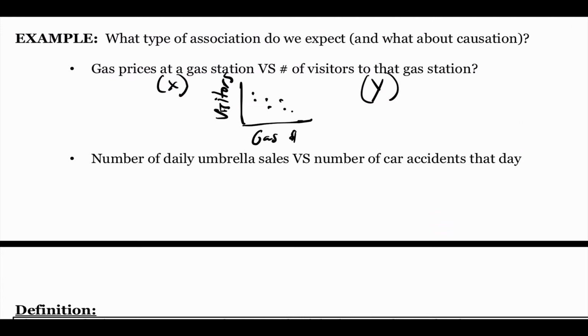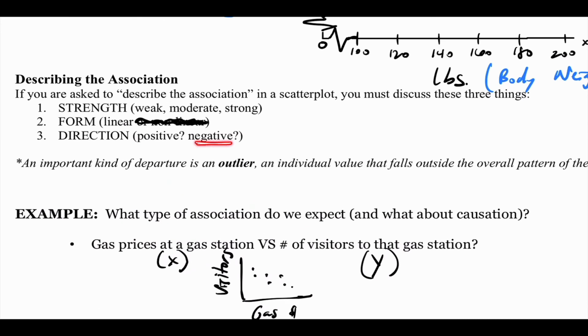As gas prices increase, as this guy gets bigger, less people are going to come, right? So that would be a negative association. A negative association.